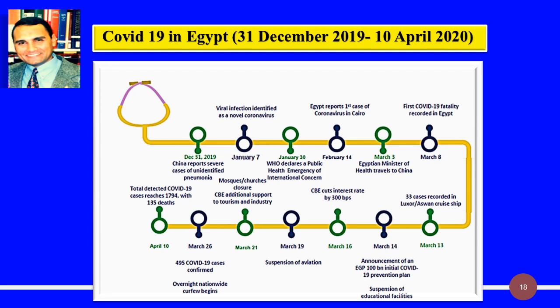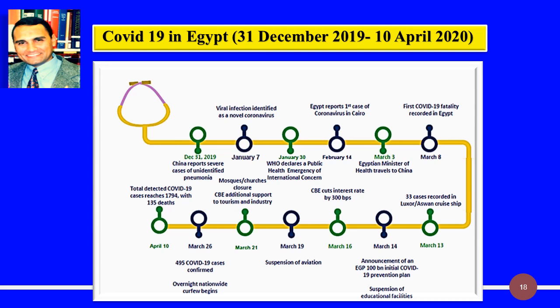On the 3rd of March, the Egyptian Minister of Health traveled to China. On the 8th of March, the first COVID-19 fatality was recorded in Egypt. On the 13th of March, 33 cases were recorded on a Luxor-Aswan cruise ship.